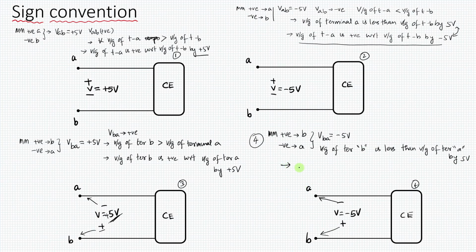So the voltage of terminal B is positive, just because we have put the positive sign here, with respect to the voltage of terminal A by minus 5 volt.